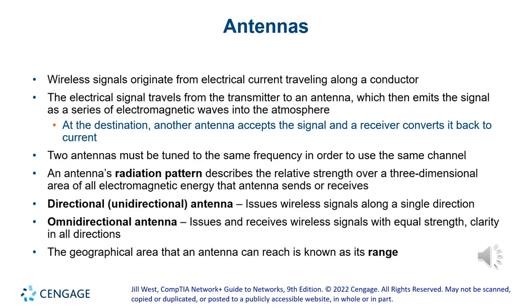Okay, now to transmit these signals, you need to use an antenna to send and to receive, right? Antenna design is a whole area of study, and the antennas also need to match in order to send and receive the signal. So if you want to communicate on a specific frequency, the antenna needs to be designed to send on that frequency and also to receive on that frequency, so you can communicate with each other.